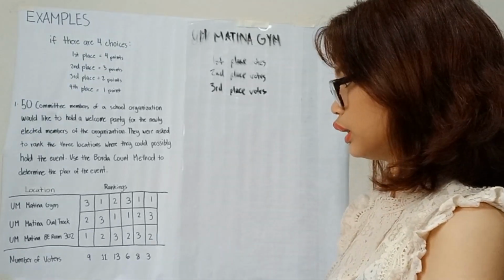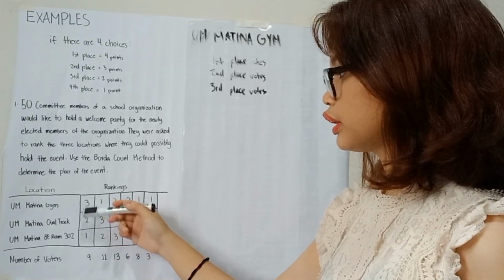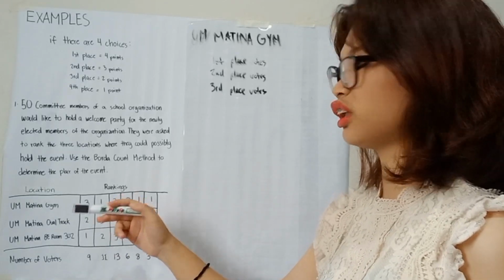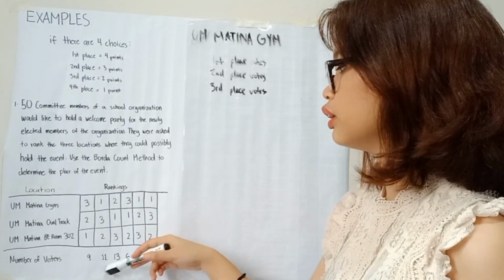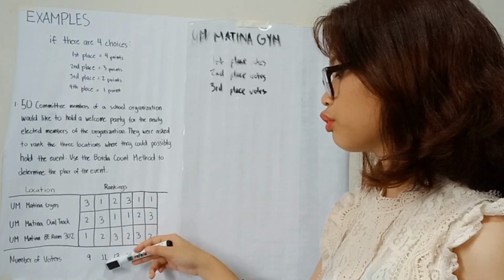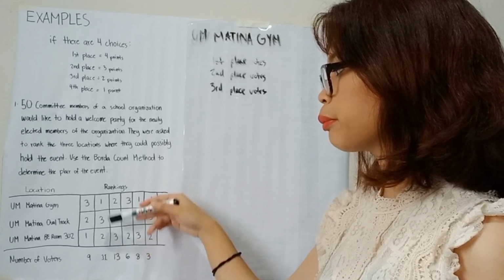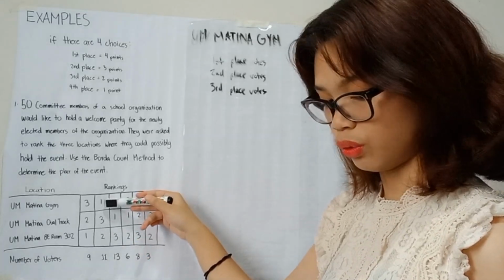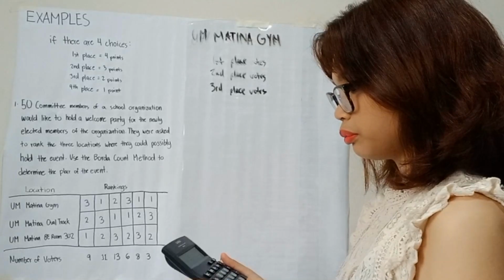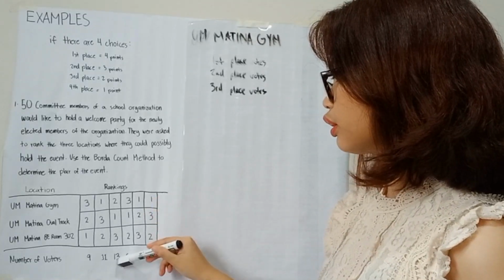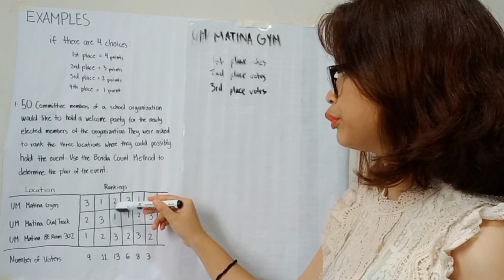Let's see. The first 9 voters selected Matina Gym as third place, so it's not included. The 11 voters selected Matina Gym as first place. So 11, plus the 13 voters who selected Gym as second place.